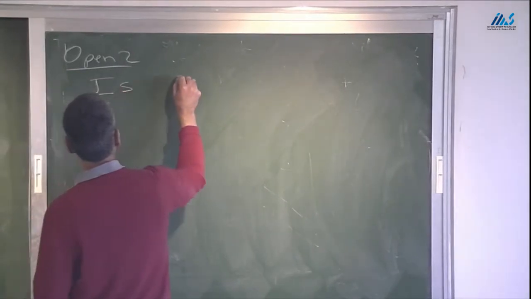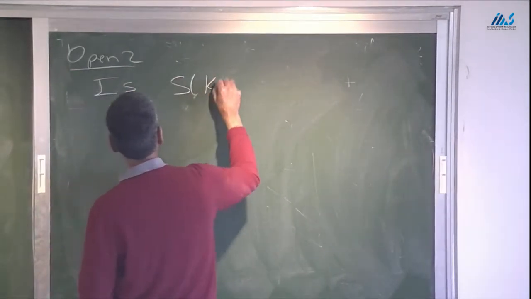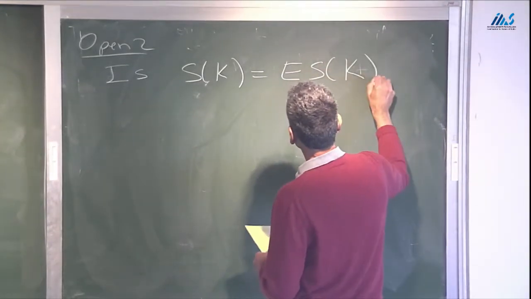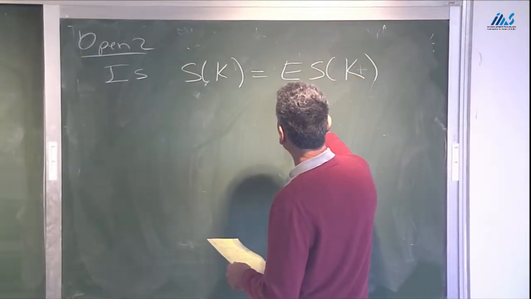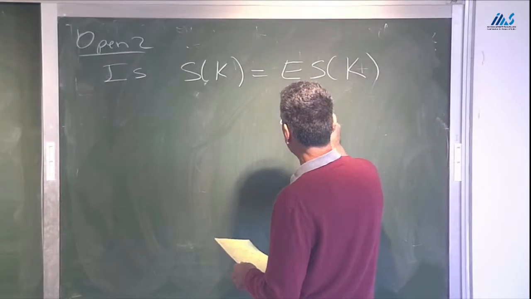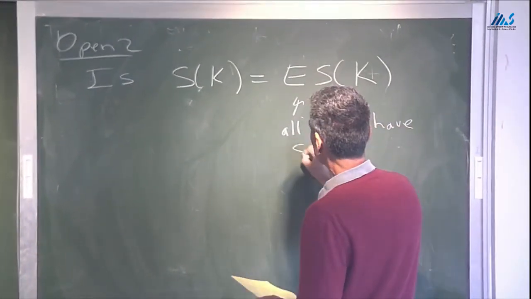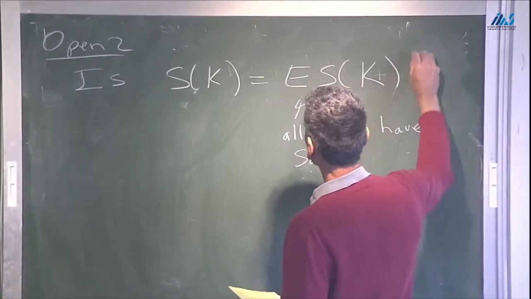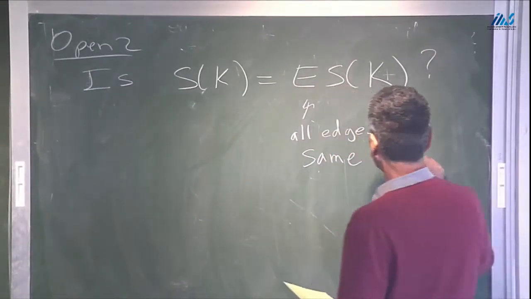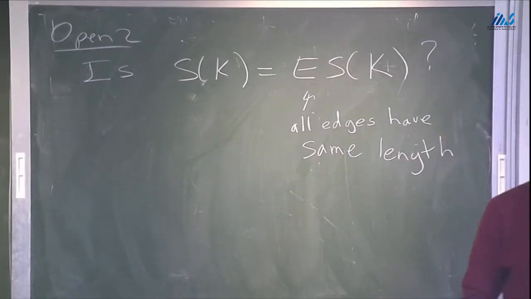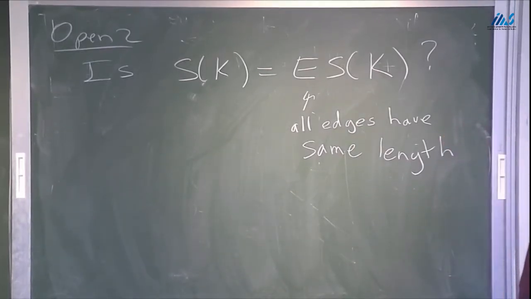So another open problem: is the stick number of a knot equal to the equilateral stick number? So this is the same thing, but all the edges are required to be the same length. So amazingly enough, it's not known whether that restricts what you can get.